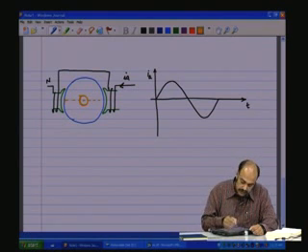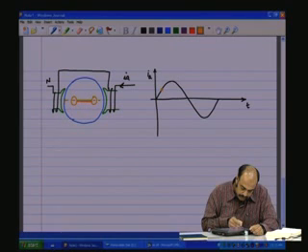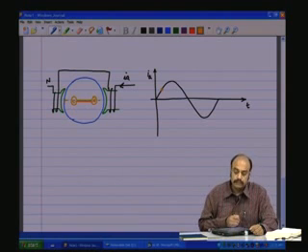Now as the amplitude starts rising, let us say at some point here the corresponding flux would result in a dumbbell which is of this size, north and south.